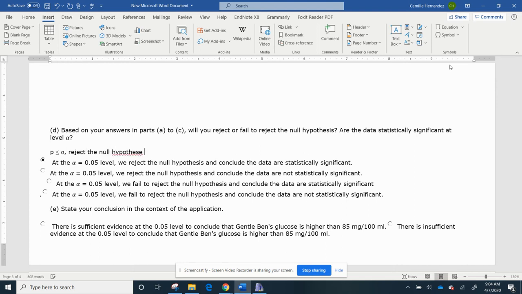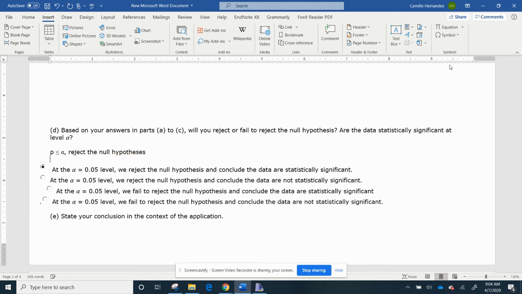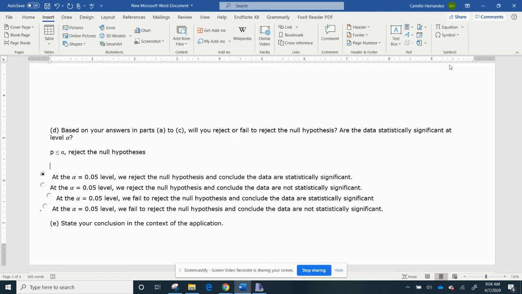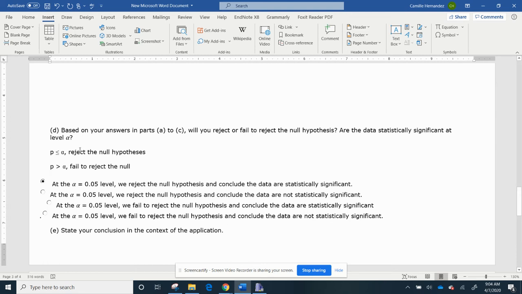The way I remember this is I kind of remember the opposite, and it's really kind of crazy: people getting eaten by fish, thinking of sharks, guys, you fail to reject the null. So if I know that the only time you're going to fail to reject the null is when P is greater than alpha, then every other time it's reject the null.